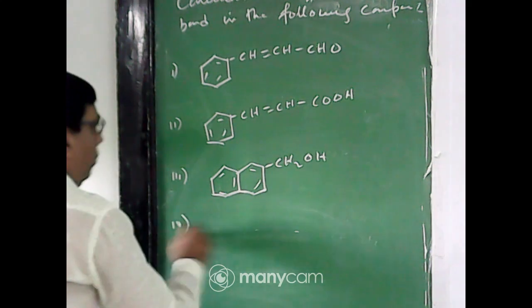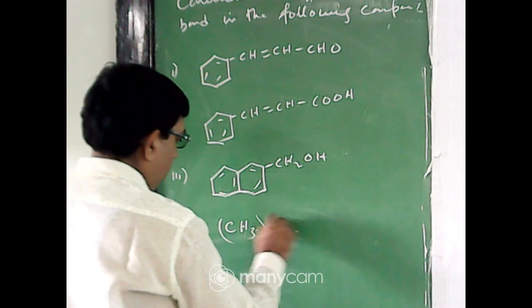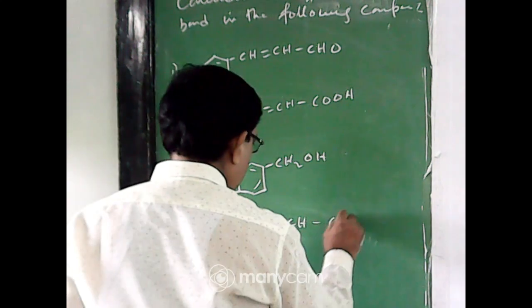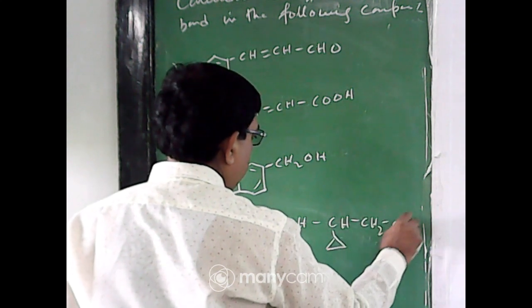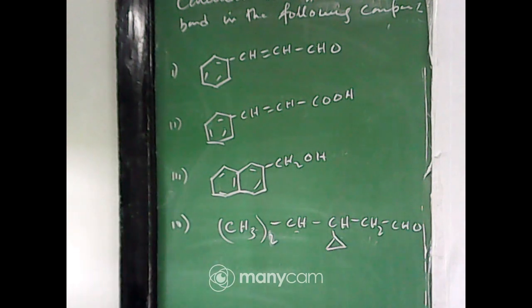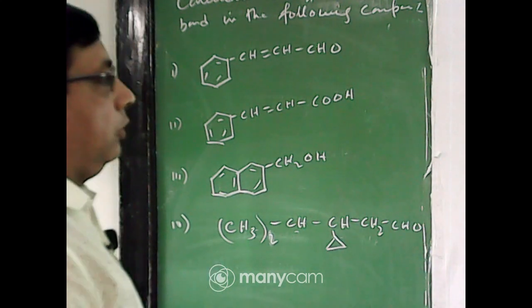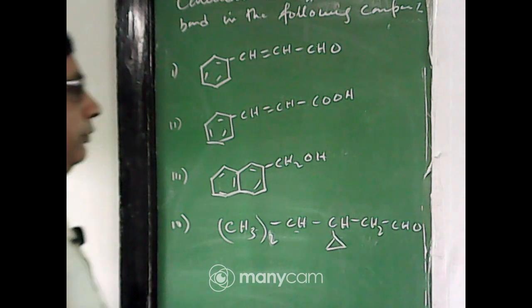And number 4, (CH3)2CH, this CH2, CHO. You have to find out the number of sigma bonds and pi bonds in the following compounds. Okay. First write the question.